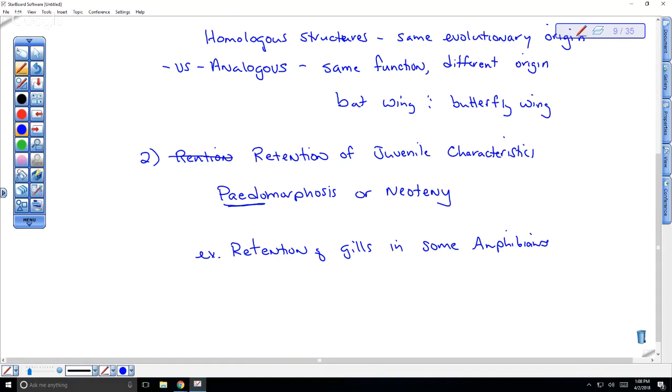So most amphibians, when you look at frogs, for example, they go from a tadpole to an adult, and they undergo metamorphosis. And the tadpole form has a tail, right? And it has gills. And so this is their aquatic form. And then the adult loses its tail. It actually absorbs the tail, so the tail goes away, and it loses its gills, and it develops a lung. Most frogs also use their skin for respiration to get oxygen.